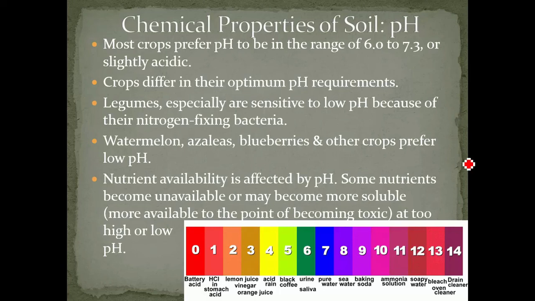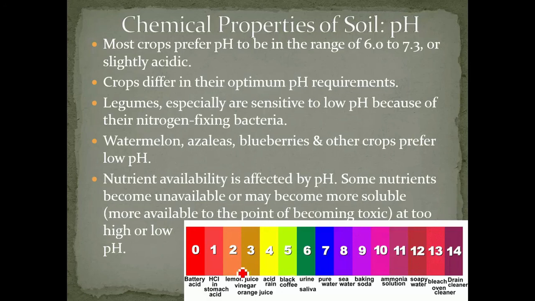Watermelon, azaleas, blueberries, and other crops prefer low pH. They like acid soils. Again, nutrient availability is affected by pH. We saw that in lab. Some nutrients become unavailable, or may become more soluble, more available to the point of becoming toxic, at too high or too low a pH.